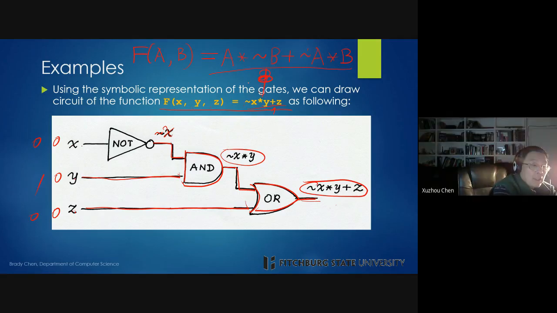Now, how do you build the circuit diagram for this Boolean algebra? Actually, this is the exclusive OR gate. Okay, this is the exclusive OR gate. So remember the exclusive OR gate here.